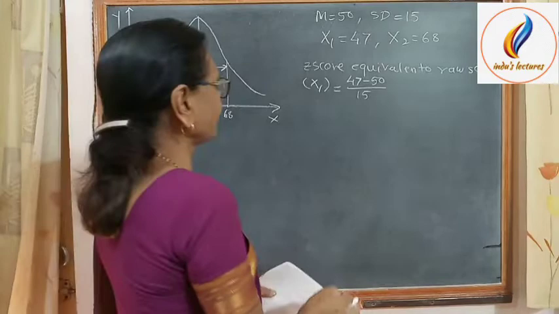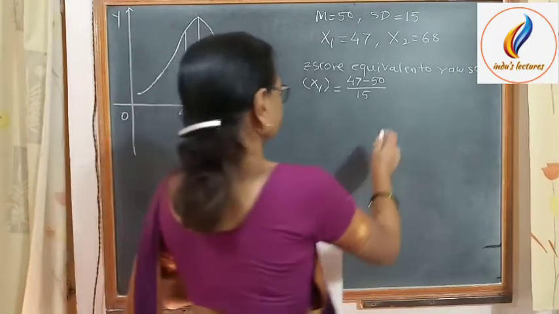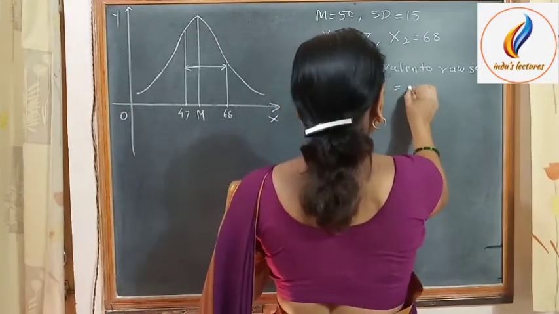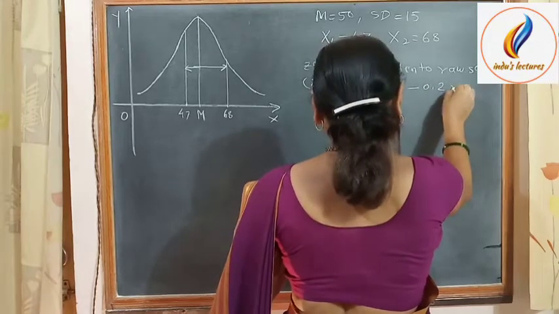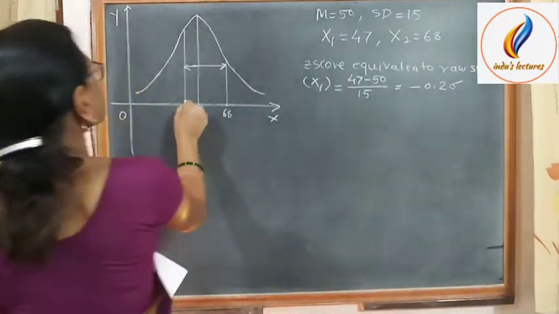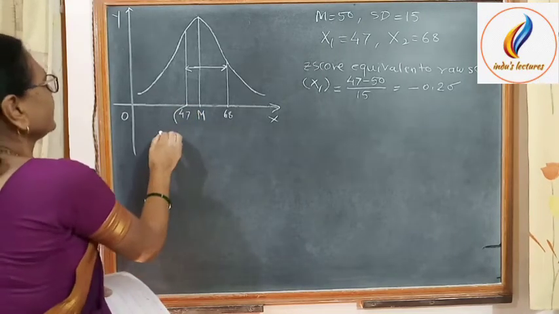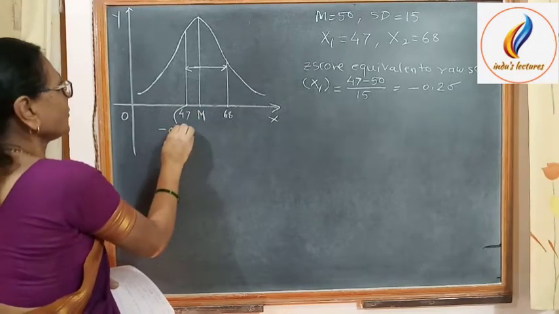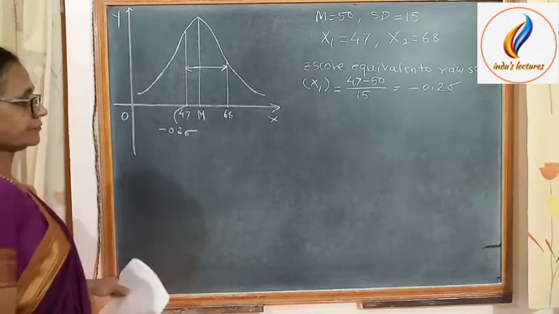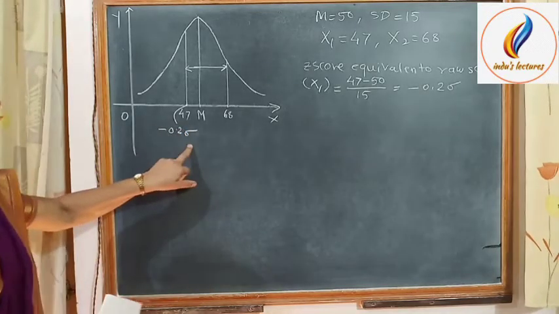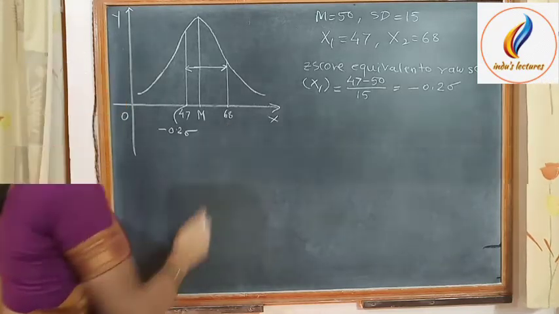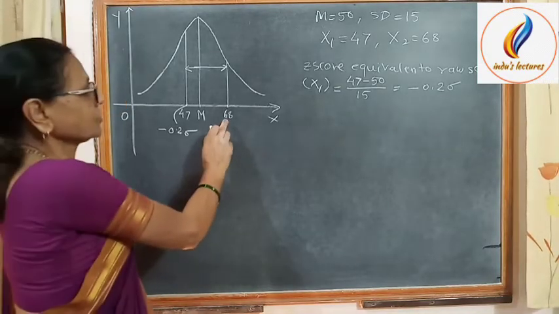So 47 minus 50 upon 15, which is equal to minus 0.2 sigma. That means this point, in sigma, is minus 0.2 sigma.